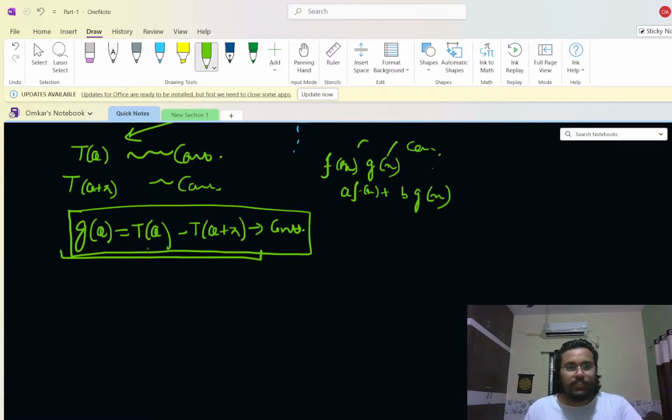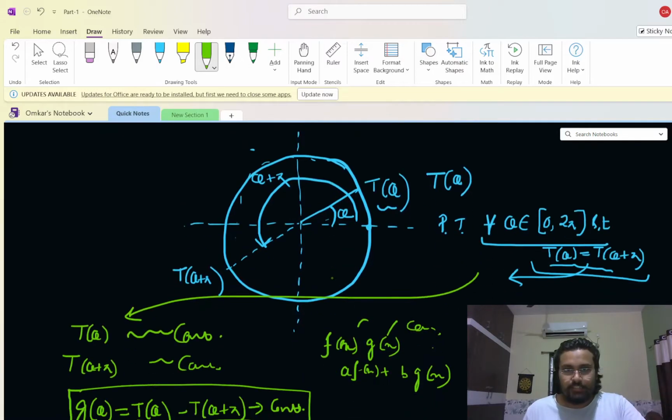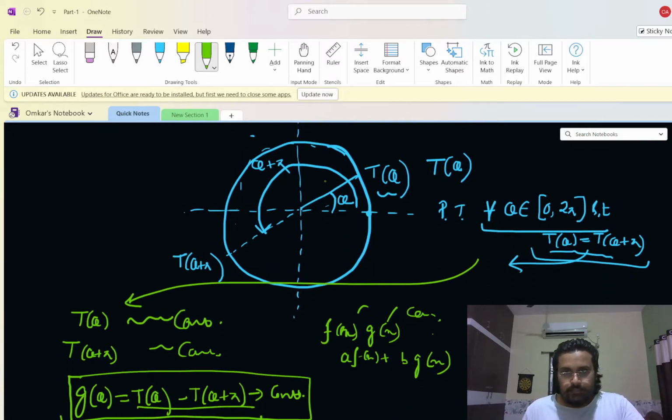Now, g of theta is this. How will the difference look at g of theta plus pi? At g of theta plus pi, this is T of theta plus pi minus T of theta plus 2 pi, since theta is replaced by theta plus pi. Remember, theta plus 2 pi is basically just theta, effectively.